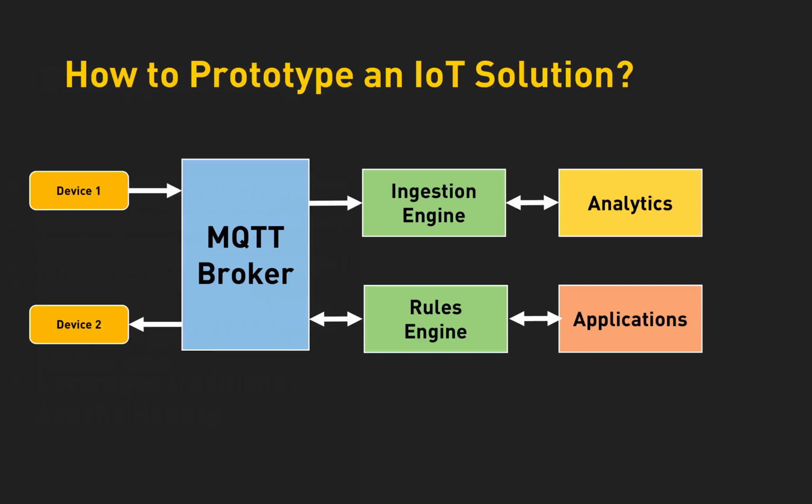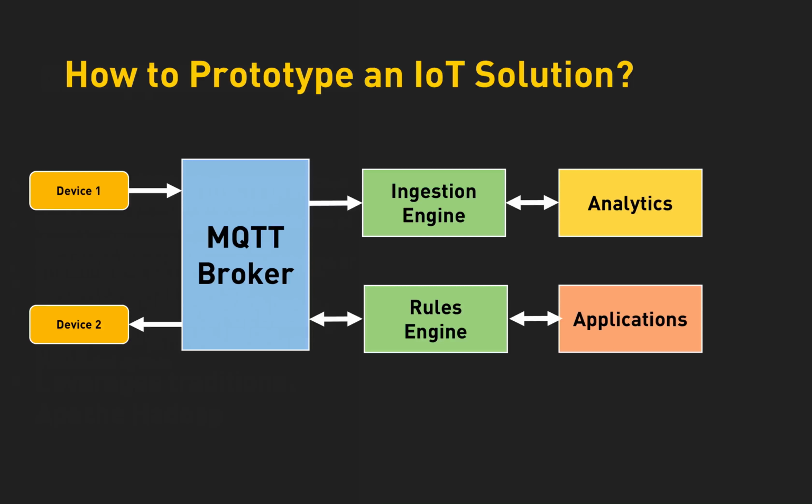Then we have the Rules Engine, which is also acting as a subscriber to the MQTT broker, and its job is to essentially get the data and check for certain rules or business logic, which will either control the device or will invoke an application based on an alert or a notification. For example, device 1 could be a smart thermostat, device 2 could be an air conditioner.